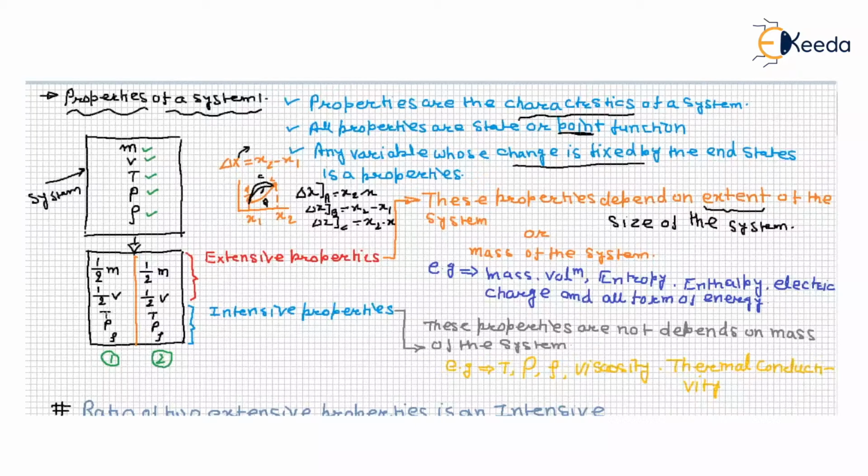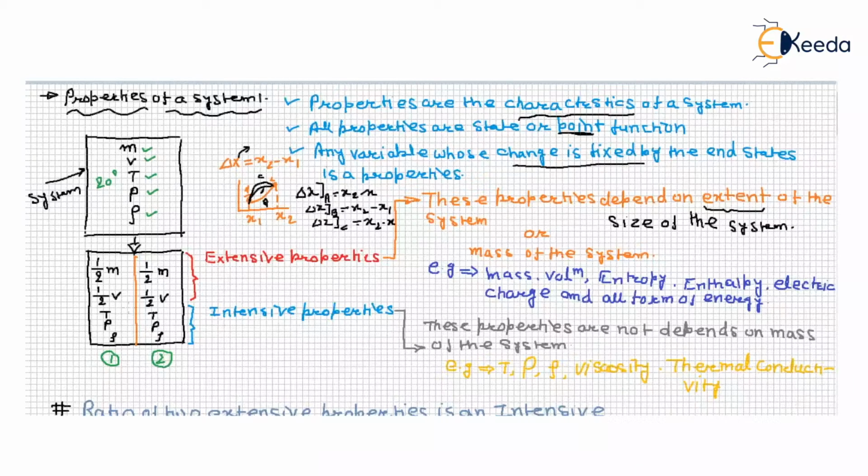If you select that in this system there is water, right? And if we separate this system into two equal parts, the mass will be halved, volume also, but what is the temperature? Let's suppose the temperature is 20 degrees centigrade. Then if you separate this system into two equal parts, the temperature is also 20 degrees centigrade and 20 degrees centigrade.